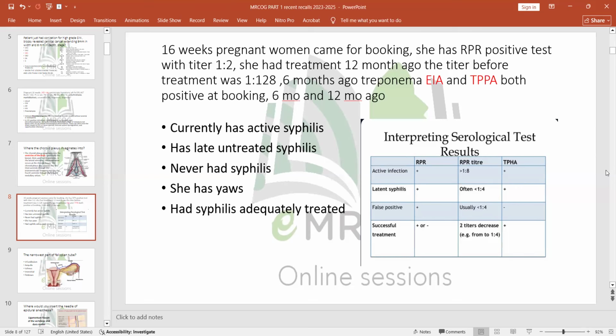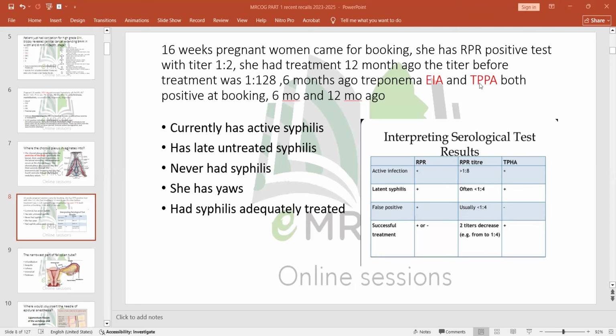When you have both treponemal and non-treponemal tests positive. Anyone? You know that this could simply be your exam question? Forget about the titer now.